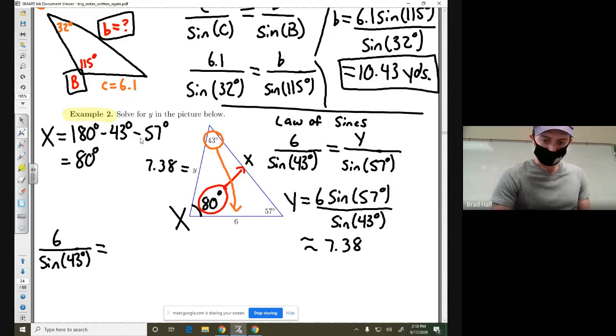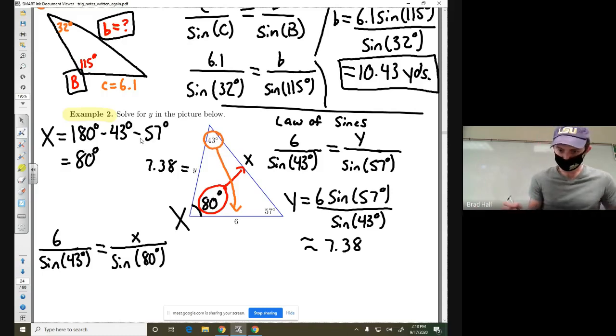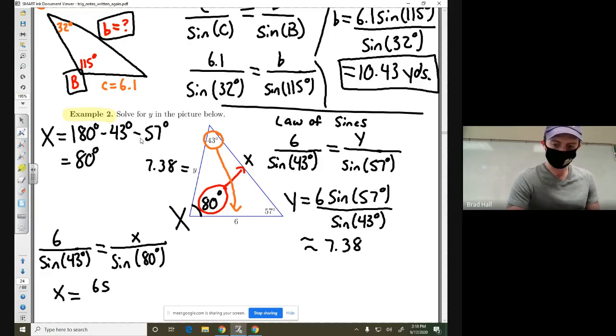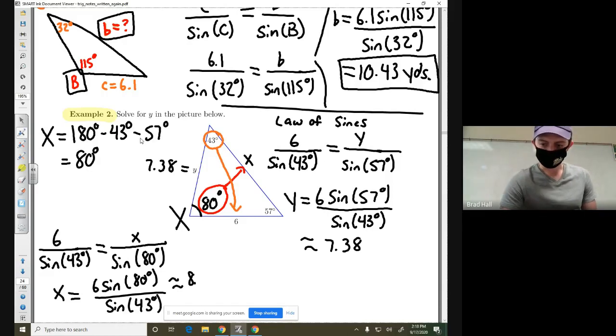So let's see, we know the angle. So down here it's going to be sine of 80 degrees, and the numerator is going to be little x. So 6 sine 80 degrees divided by sine 43 degrees. Did any of you already figure it out? It's 8.66.